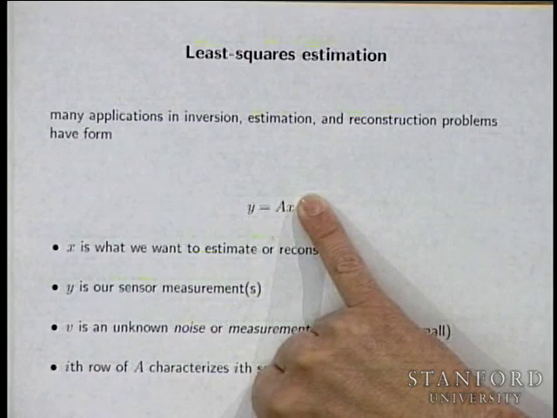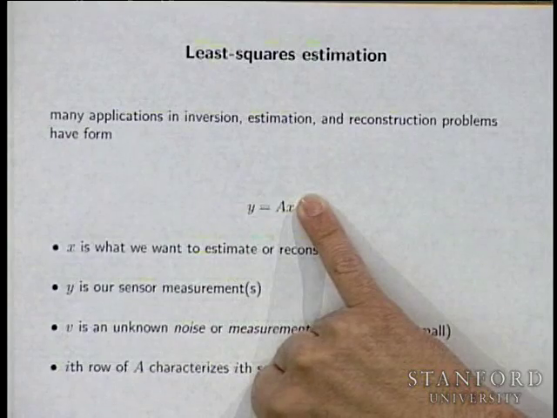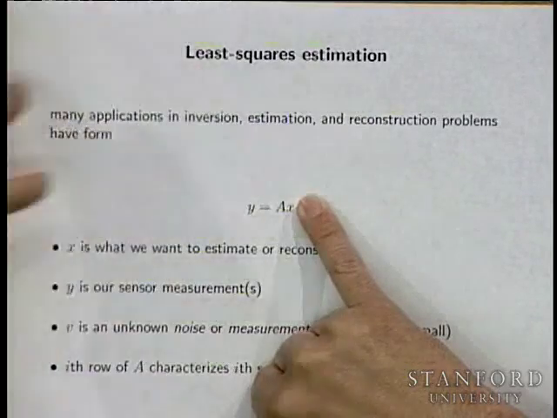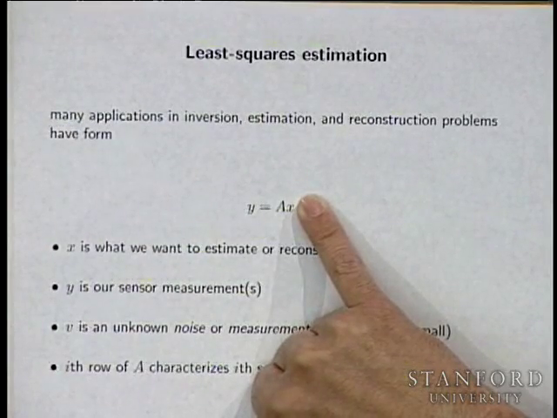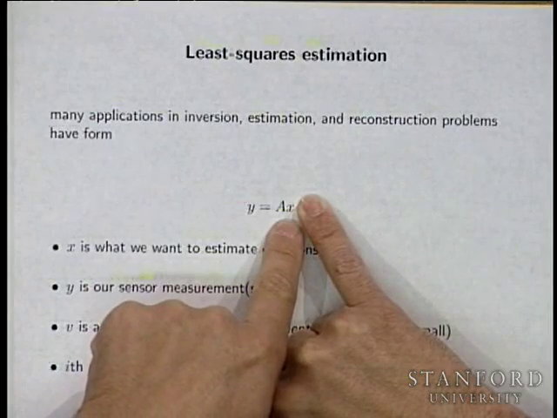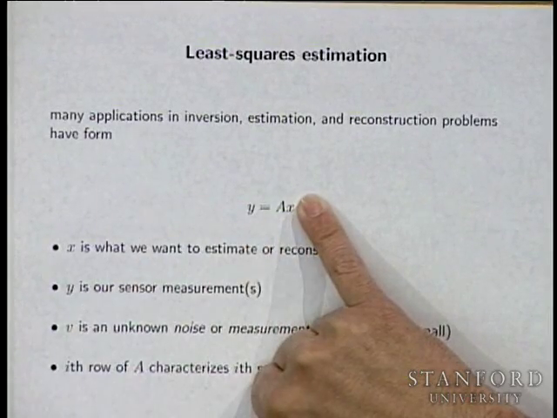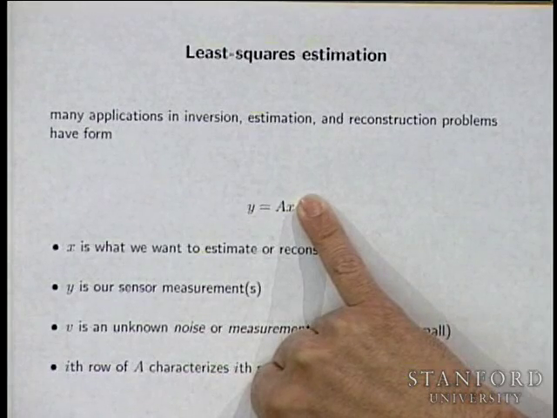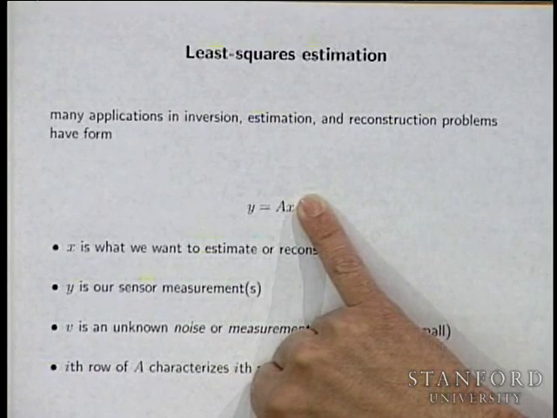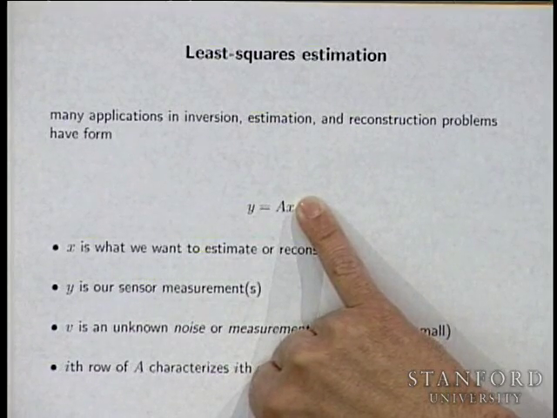If you have an inversion problem and you have y equals Ax, then if the columns of A are independent, which is to say that A is full rank, and I'm assuming it's skinny here, then yes, indeed, in that case, you can reconstruct x exactly from y. What would do it? Well, a left inverse would do it, and you already know a left inverse now, which is, in fact, this A dagger, or (A transpose A) inverse A transpose. So you know a left inverse.